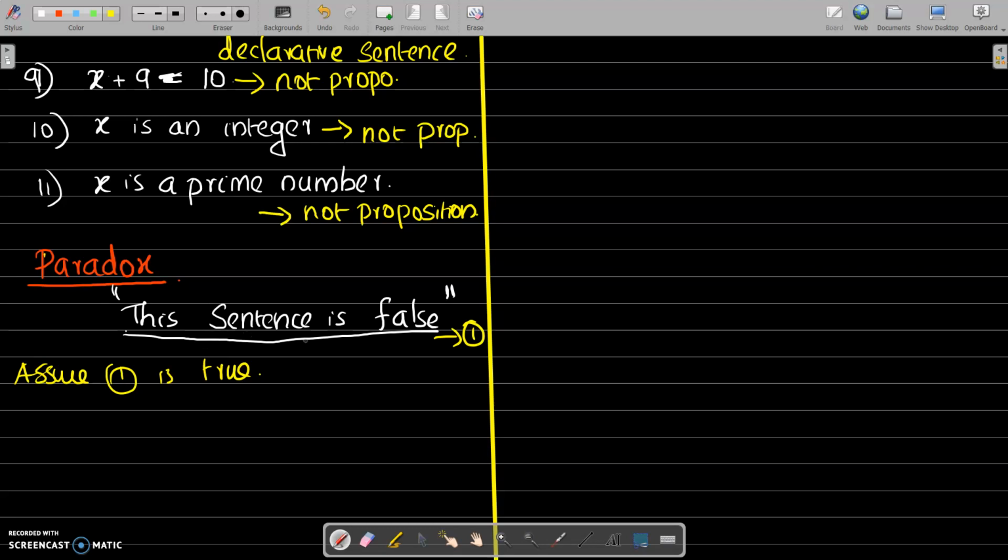This sentence is false, and that is correct. So our sentence becomes false. This sentence says that it is false. But what did we assume? We assumed 1 is true, that the statement is true.